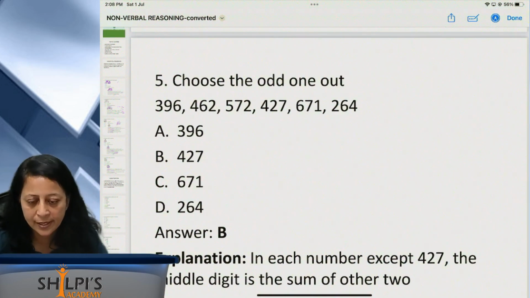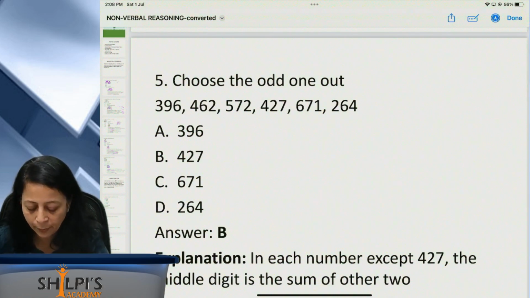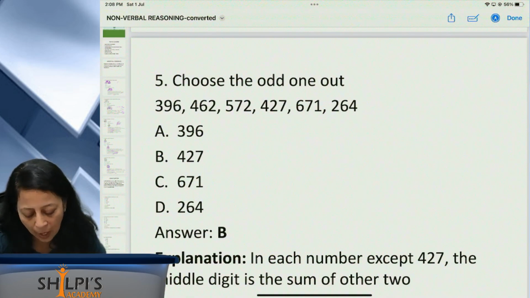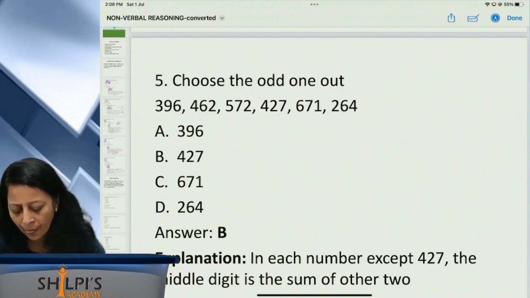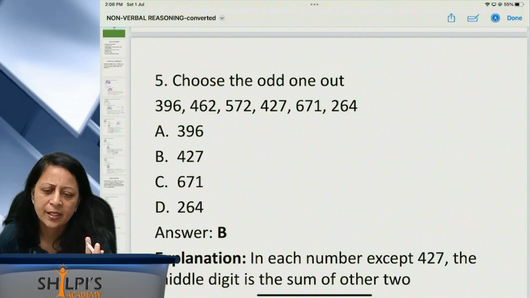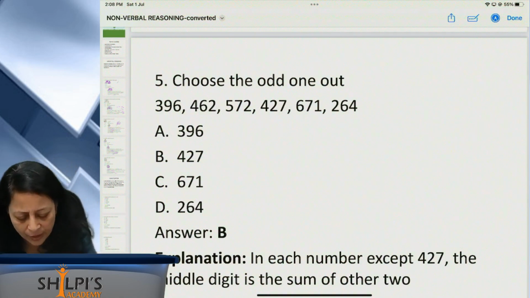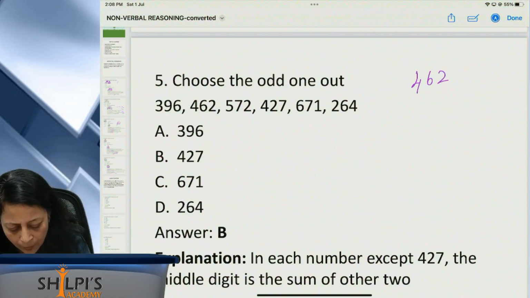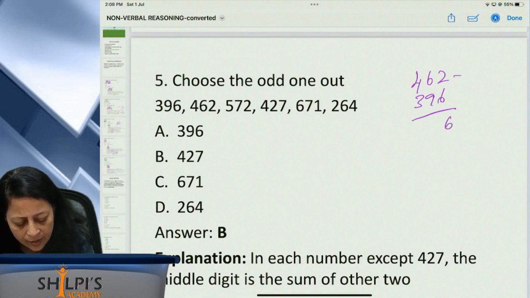396, 462, 572, 427, 671, 264. Choose the odd one out. So which is the odd man out? What could be the relationship between these numbers? What is the relationship between 396 and 462? Just find out some difference. 462 minus 396 is 66.